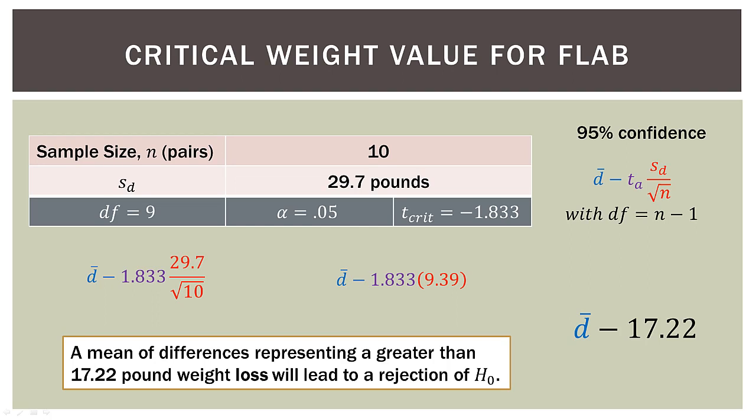So if we find all the differences in weight for each person and calculate the mean of those differences, and that mean is greater than a 17.22 pound weight loss, we will then reject our null hypothesis and conclude that the diet program is a good one. So that is the weight value in pounds at that t critical of negative 1.833. The critical value and this weight are two ways of pointing to the same thing.